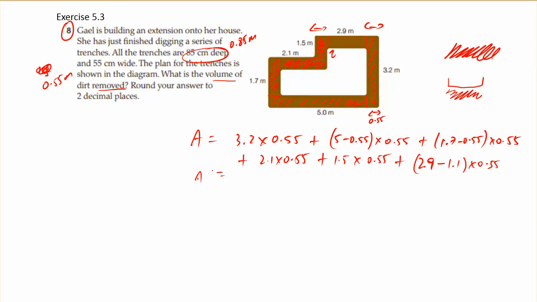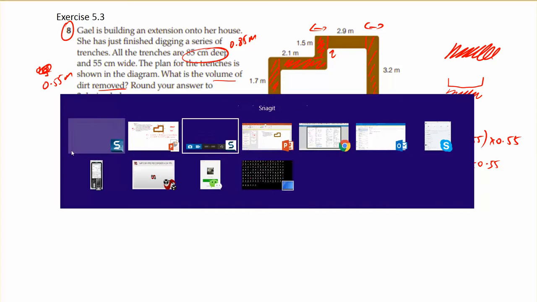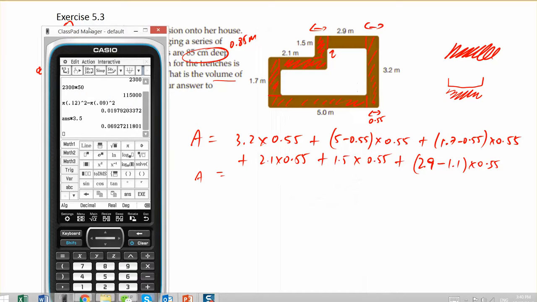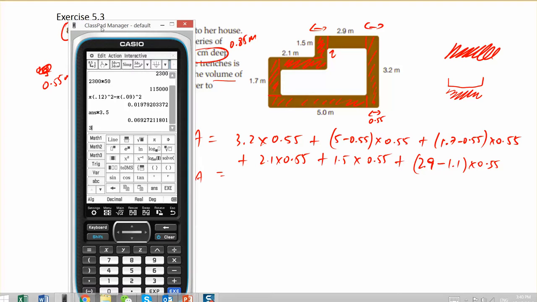Okay, let's work out the areas first. I know it's a bit tedious because you're literally having to break down the whole thing and work it out individually. So you go 3.2 times 0.55 plus, and make sure you're really careful when entering it on the calculator, because the last thing you want to do is do all the work and only find out you've made a mistake somewhere in your calculation.